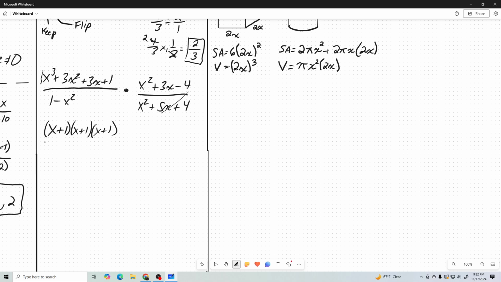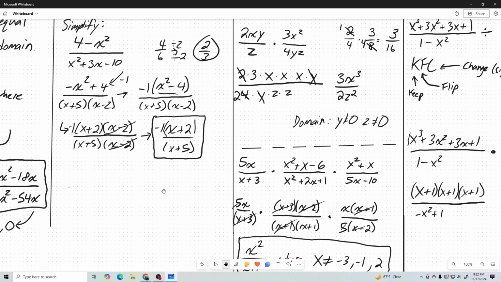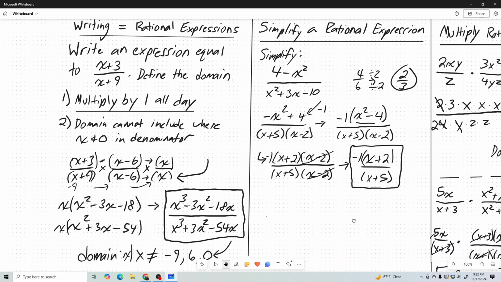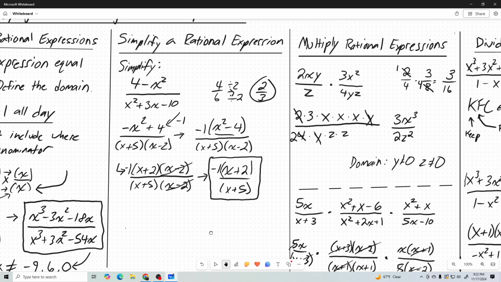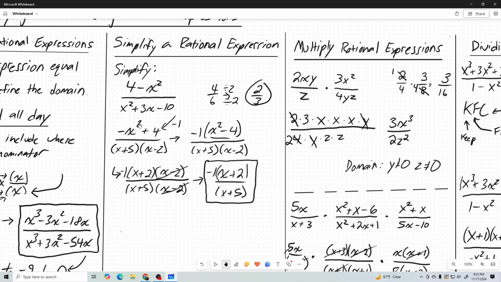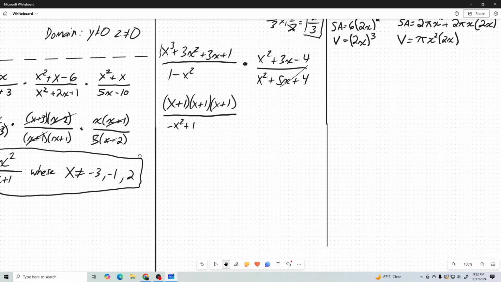All right, and then on the bottom, we have 1 minus x squared. So let's use the trick we had before. If we changed it, it would be negative x squared plus 1. And just like in the first problem we did, where we had the negative x squared plus 4, we multiplied it by negative 1 so that it flipped, and then it became this. So that's what we're going to do over here.